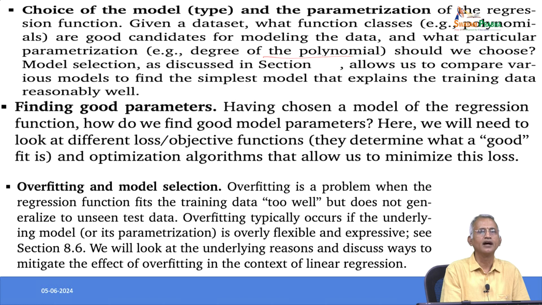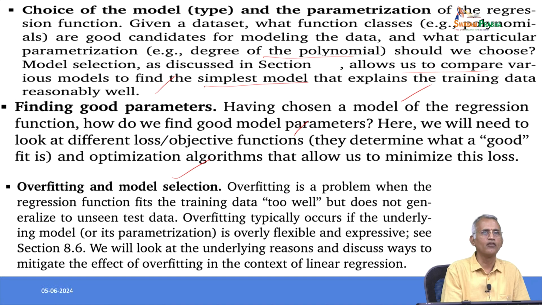Model selection, as discussed in the section, allows us to compare various models to find the simplest model that explains the training data reasonably well. Finding good parameters: having chosen a model of the regression function, how do we find good model parameters? Here we will need to look at different loss or objective functions. They determine what a good fit is and the optimization algorithms that allow us to minimize this loss.